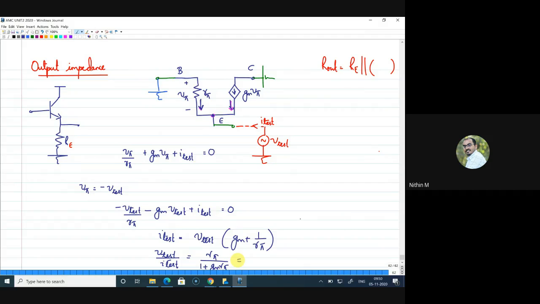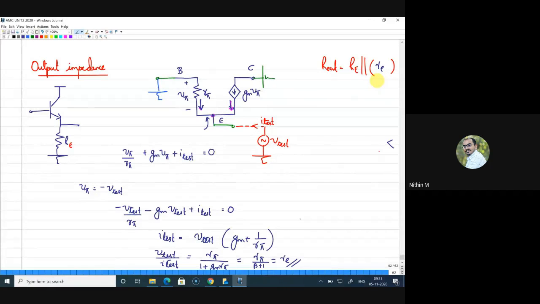Okay, so what is 1 plus Gm R pi? Gm R pi is beta, so this is equal to R pi by beta plus 1, which is equal to small re. So V test by I test, probably you would have realized this looking at the emitter, we can directly write this. We have already done, right? The resistance looking at the emitter is actually re or 1 by Gm. Now when you write the final, it is small re parallel to capital RE.